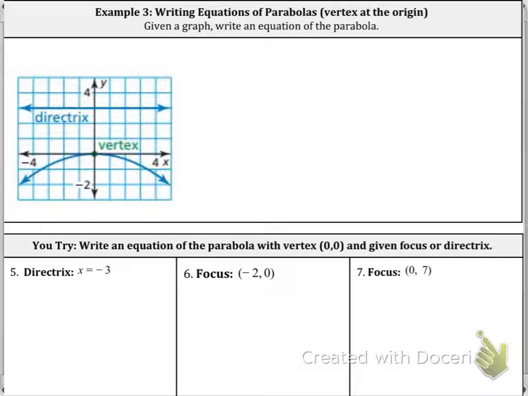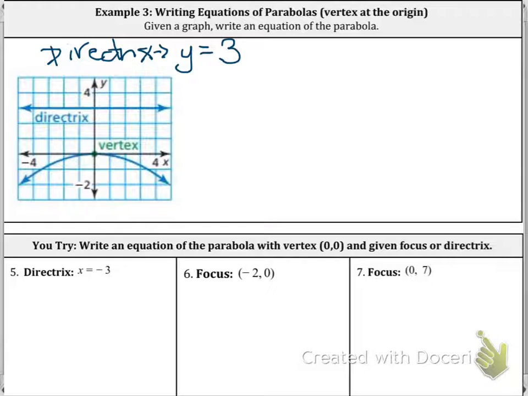So now we're going to write equations of parabolas with the vertex at the origin. So here we're given the graph, and really we have all the information we need. The directrix is here. We don't know where the focus is, but we can tell from the graph that the directrix is y equals +3.